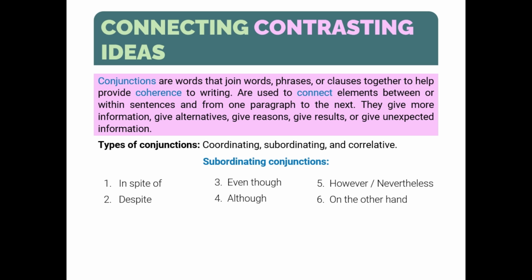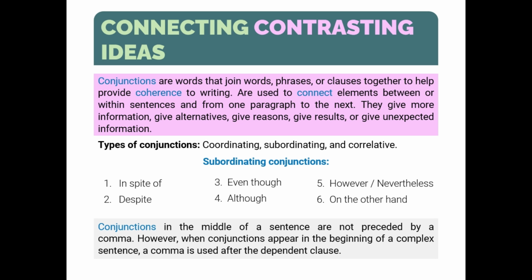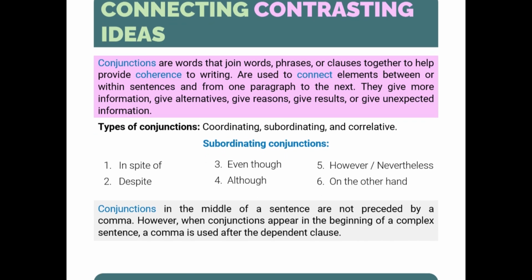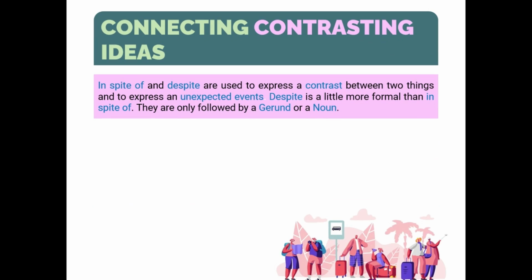They also illustrate the importance of the independent clause and provide a transition between two ideas in the same sentence. Now, keep in mind that subordinating conjunctions that appear in the middle of a sentence are usually not preceded by a comma. However, when the subordinating conjunction appears in the beginning of a complex sentence, a comma is used after the dependent clause.